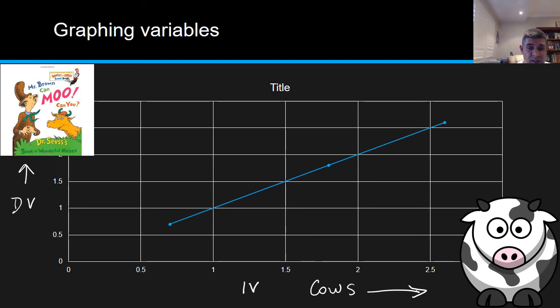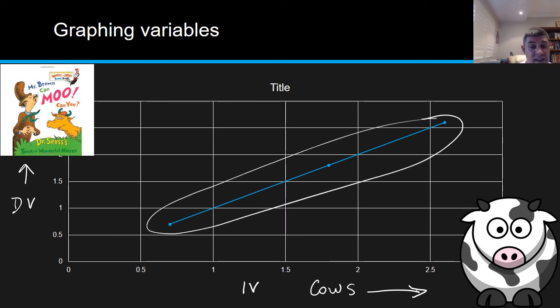Once we put those things in, then we can put our graph in, and if we get a nice straight line like this one is, then that's fantastic. That tells us that there's a direct relationship between these two variables, and we can make a conclusion such as the independent variable increases, so the dependent variable increases. We have a direct proportionality here.